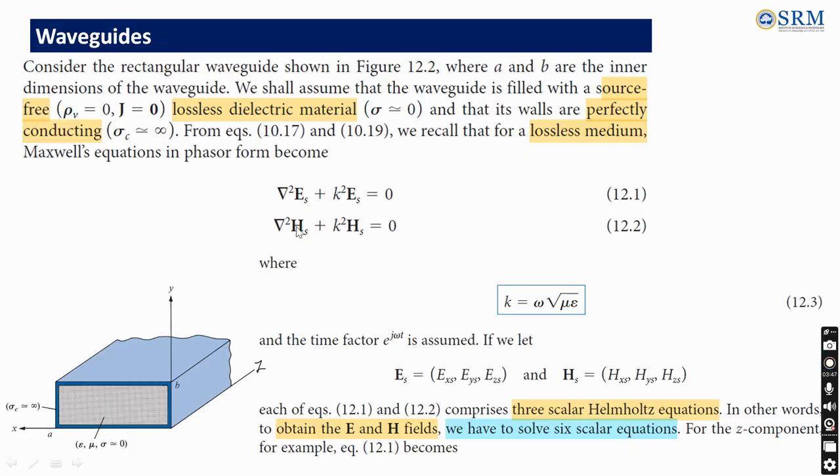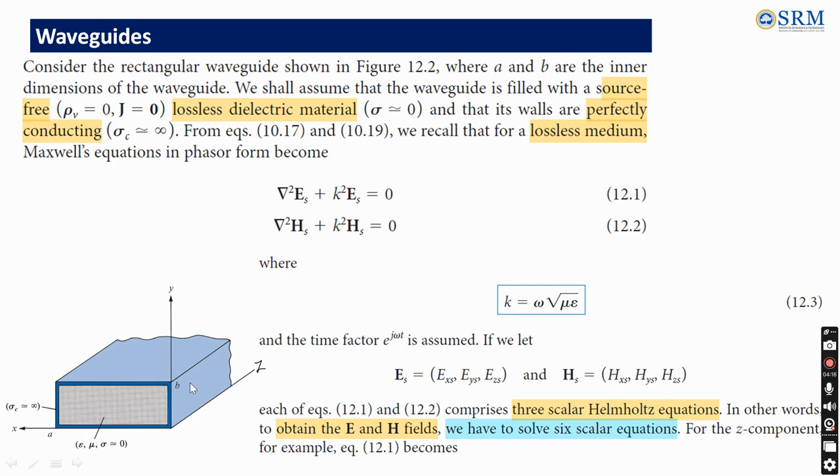So each of the fields Es and Hs is composed of all the components along x, y and z. To find the electric field and magnetic field, we have to solve 6 scalar equations. For the first equation we get 3 equations along the x, y, z directions. Similarly, for the magnetic field also 3 sets of equations for Hxs, Hys, Hzs.